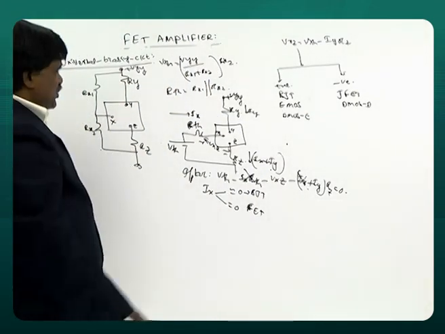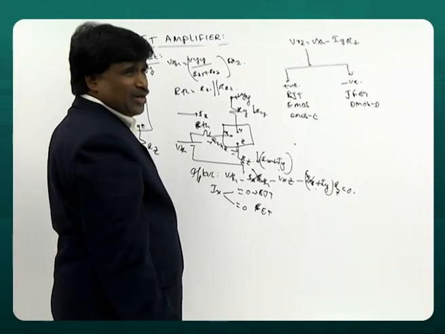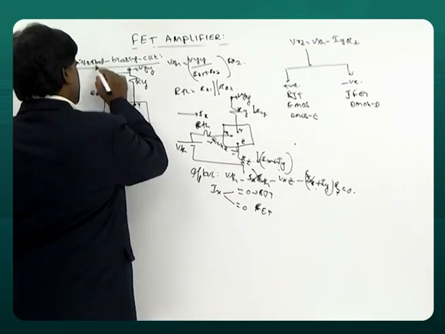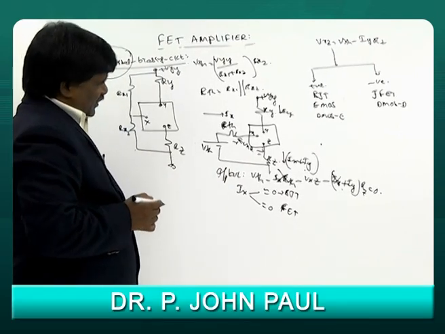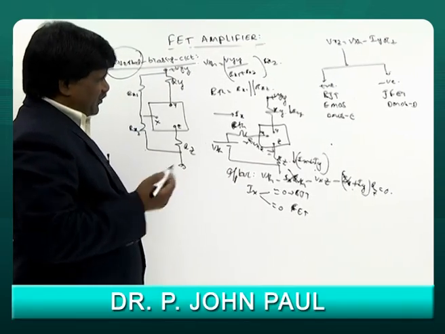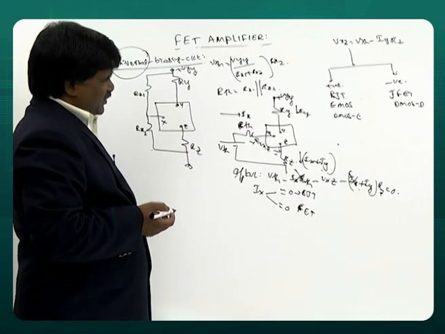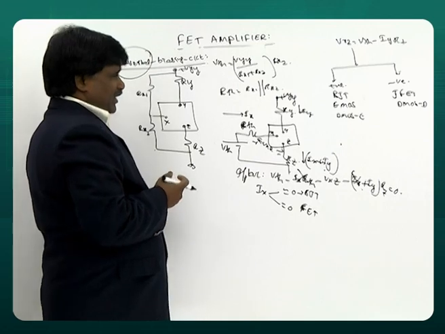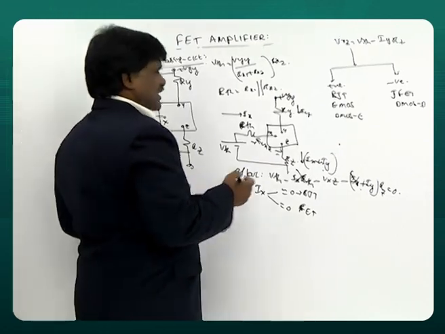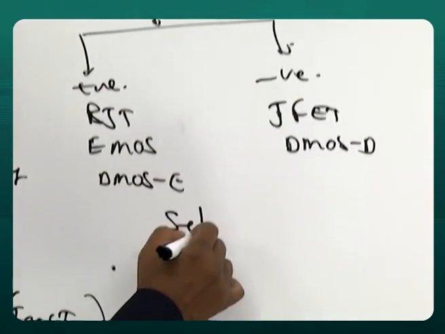And this circuit is used for all. That's why I named it universal. The word universal means that everywhere it is valid. So one single circuit you can use for all the devices, and that is actually called the self-bias circuit.